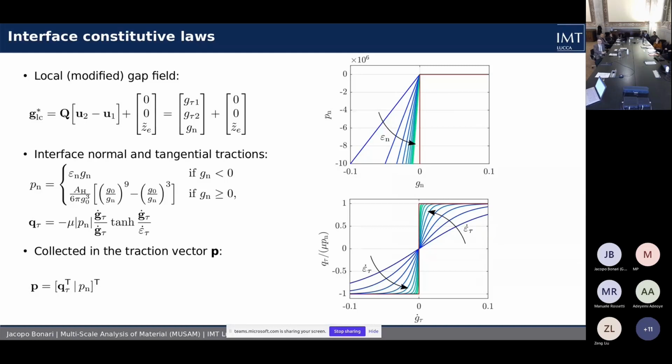For example, for the normal direction, we can invoke a regularized penalty approach, and the same can be done also for the tangential direction, defining a regularized version of the classic Coulomb friction law. Once we have defined a constitutive relation for the interface in terms of normal and tangential reactions, which means once we have defined a direct link between the forces and displacements, we have all the ingredients for the solution of our problem.